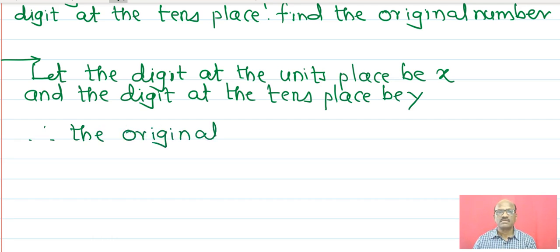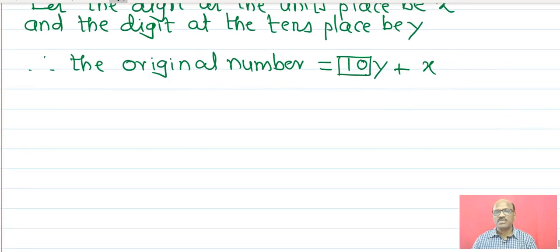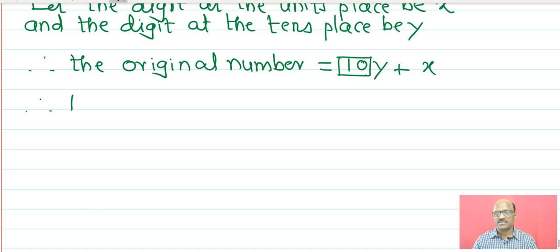Therefore, the original number is 10y plus x, that is, we multiply the 10th place digit by 10.